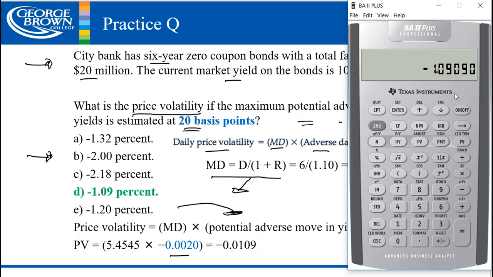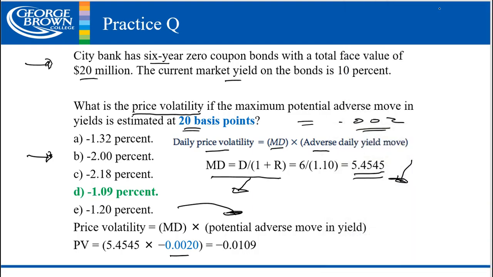And there we've got the correct answer, negative 1.0909. So quite easy on that question. When we're calculating the price volatility, it's modified duration times the adverse daily yield move, modified duration D over 1 plus R. And the adverse move in yield is going to be given in basis points. 20 basis points equals 0.002.